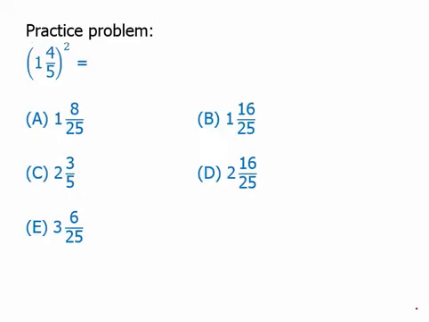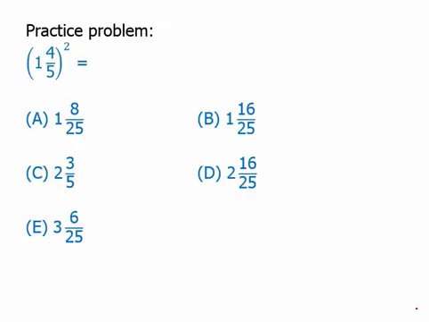Finally, another problem of this ilk. Pause the video and then we'll talk about this. Again, the same sort of thing. What we're seeing here is we have 1 and 4/5, a mixed numeral squared. Well, no one can square a mixed numeral.